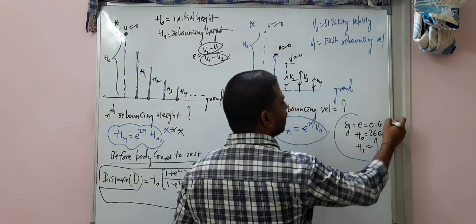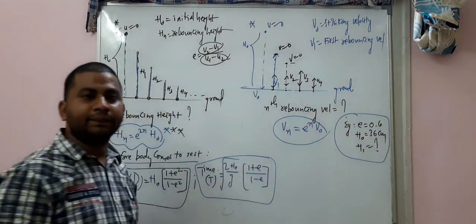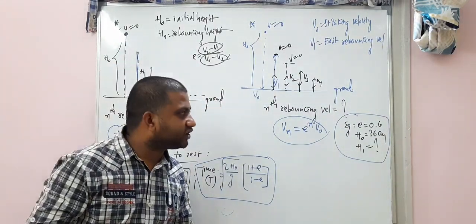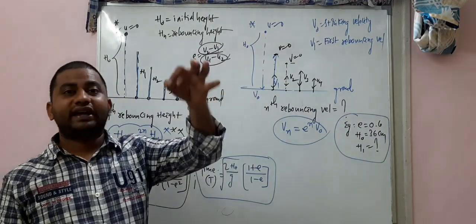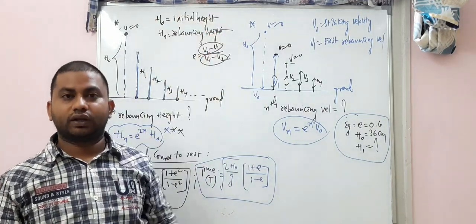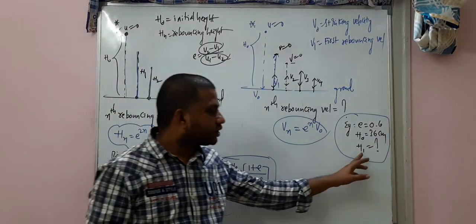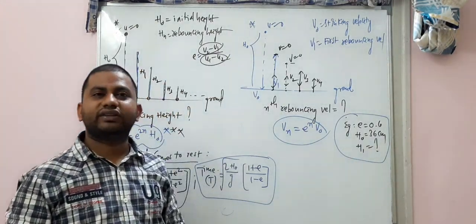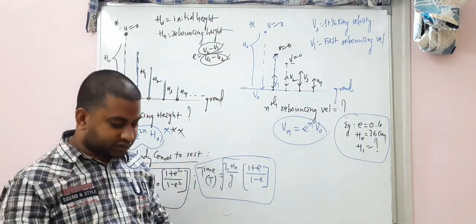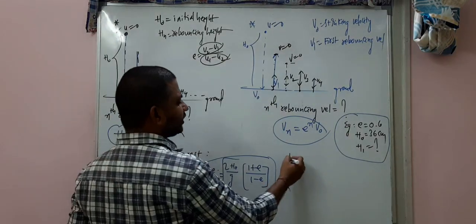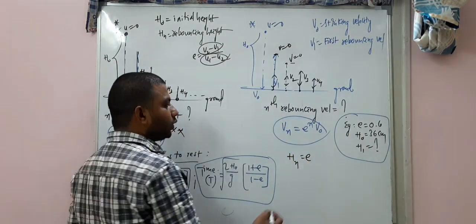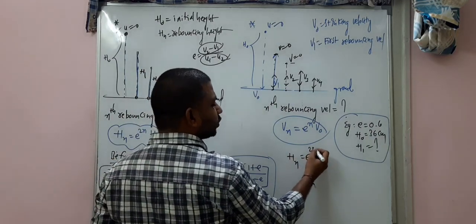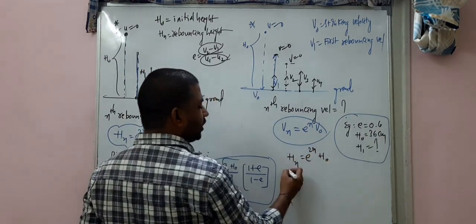Look, this is the problem. A numerical is given here. Given the coefficient of restitution is 0.6, and a body is dropped from 36 centimeters height, right? And the question is find h1. What is that h1? The first rebounding height. What is the nth rebounding height formula? Hn is equal to e to the power 2n into h naught.